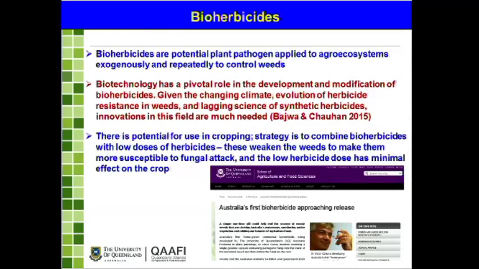Now we know that climate is changing, with evolution of herbicide resistance in weeds and lagging science, so I think we need to evaluate the efficacy of bioherbicides on crop weeds. The main risk I was thinking of is that we don't want to spread any new pathogens, but then I was told that these are very specific. So there is potential for use, but I think we need to combine bioherbicides with low doses of herbicides that may weaken weeds, and then they are very easy to control.